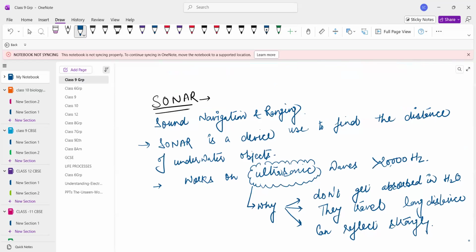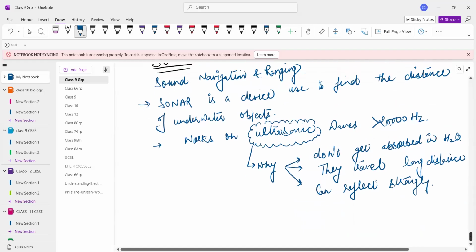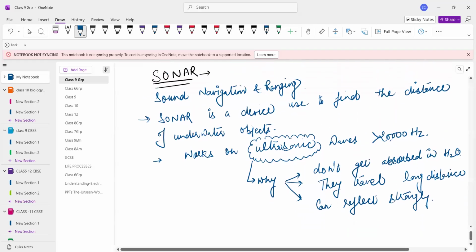So what do you mean by reflection? Reflection means what? Ma'am, I don't know how to explain it. So you can draw the diagram and show me. Suppose there is some surface and light rays falling on the surface.